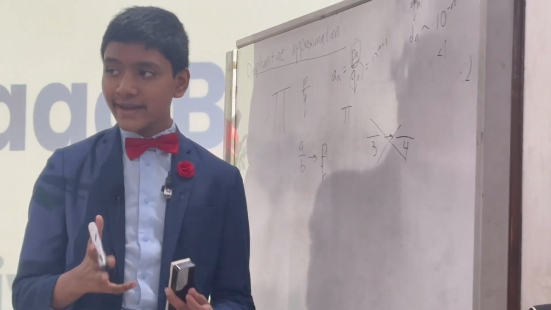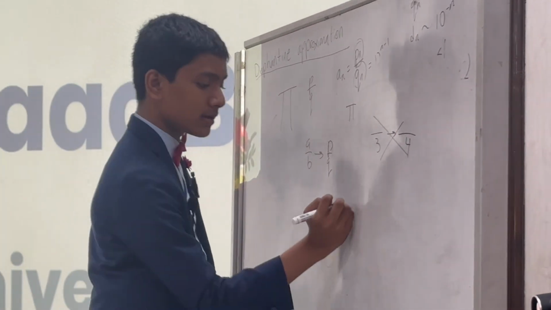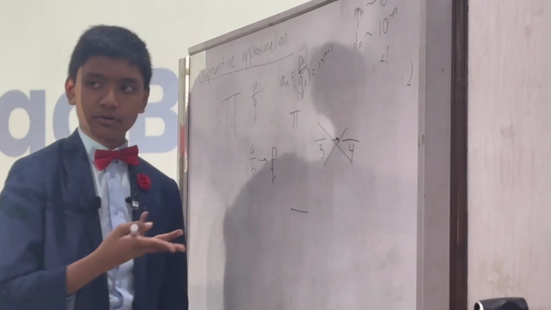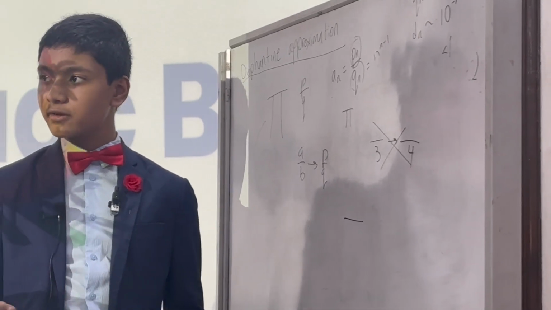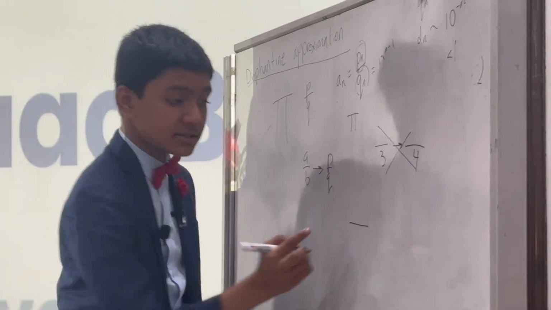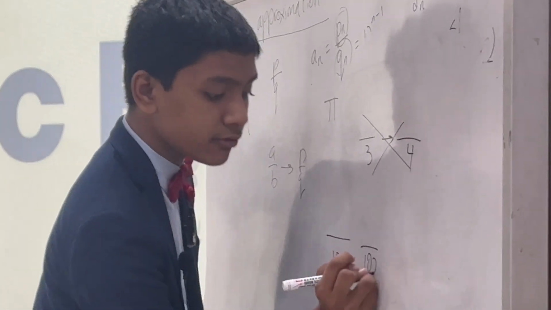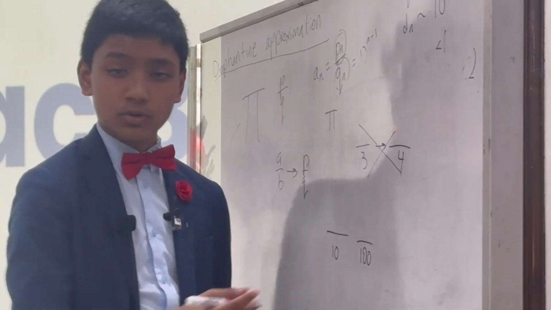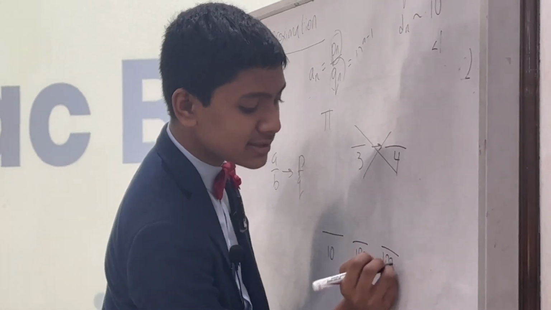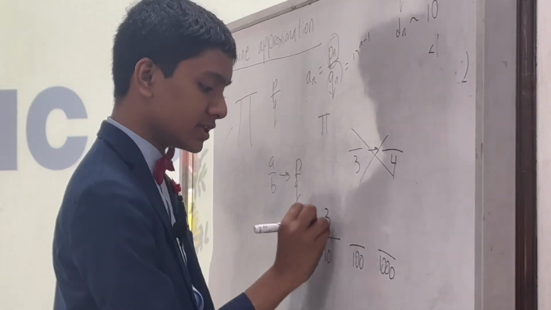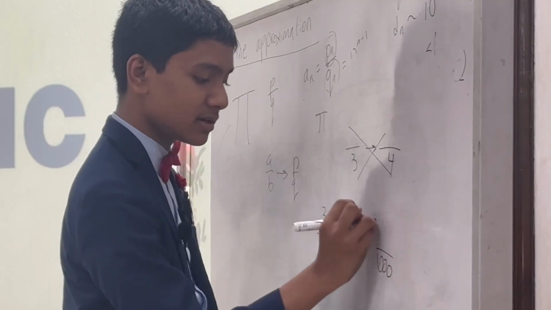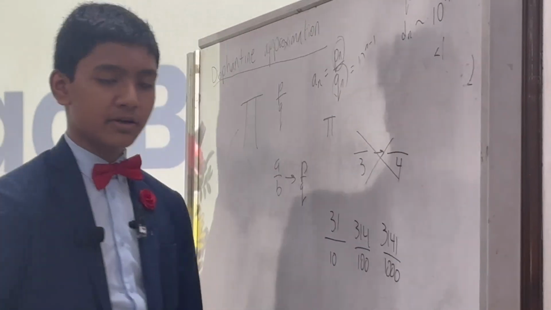Of course, the trend over time is that as the denominator increases, the approximation gets better. In fact, that has to happen, because if the denominator is 10, it's necessarily worse than if the denominator is 100, and that's necessarily worse than if the denominator is 1,000, and so on, for obvious reasons. You can include more of the digits with each bigger denominator.